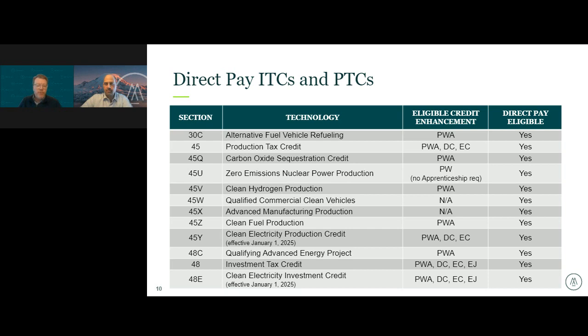And Ben, I don't know what you've been seeing with the clients you've been speaking to, but I've been seeing a lot of interest in the Section 48 ITC and also Section 45W on the qualified commercial clean vehicle credits. Yeah, I agree. Those are the areas where we're seeing the most interest. Quite honestly, in ways you do the math on an investment tax credit versus a production tax credit, if you just take a solar facility, for example, you generally need to have a fairly large solar facility in the neighborhood of multiple megawatts in order for it to really pay you back for the production tax credit to be effective in that situation.